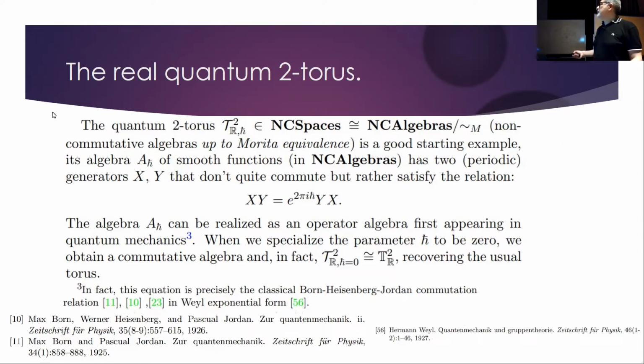But this is of course written in exponential form, as in the 1927 reinterpretation of Hermann Weyl. So we have this that appears as an operator algebra. And when we specialize the parameter h to be 0, we obtain the usual commutative algebra of the torus.